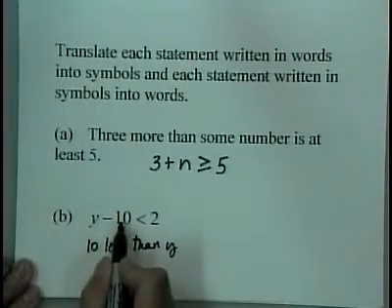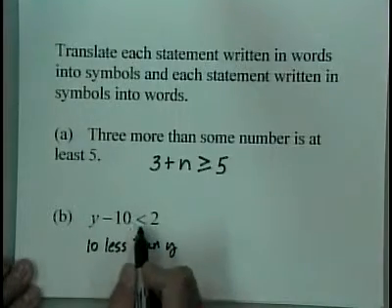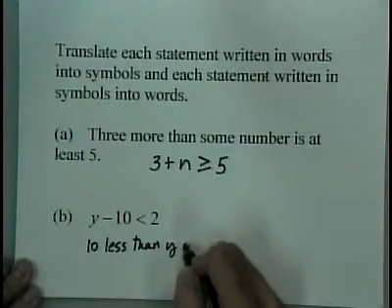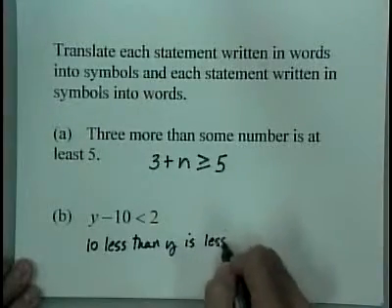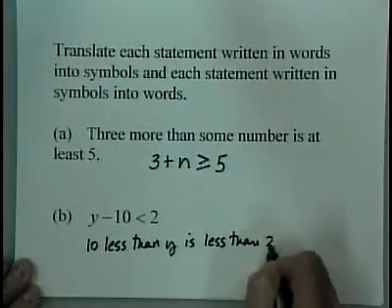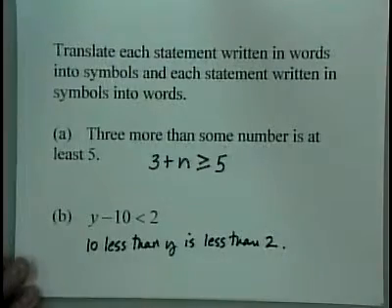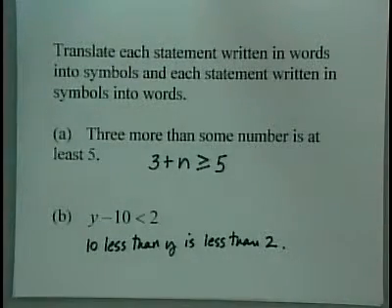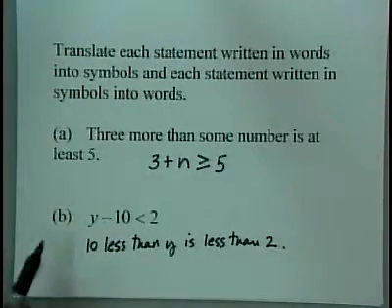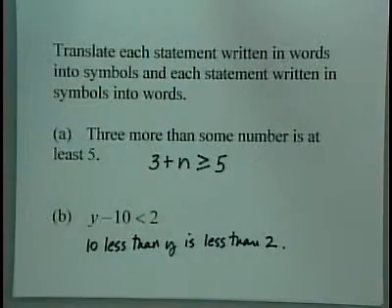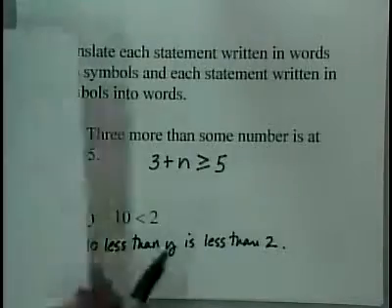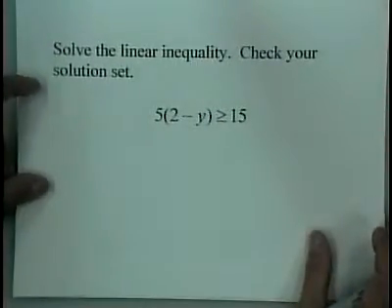Some amount 10 less than y is less than 2 might be a way to finish out the statement here. Again, look at page 29 in your book for some more hints on how to write symbols in words and words in symbols. And let's move on to solving inequalities and checking them.